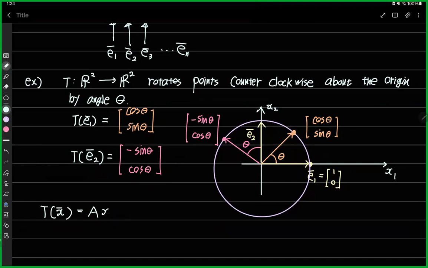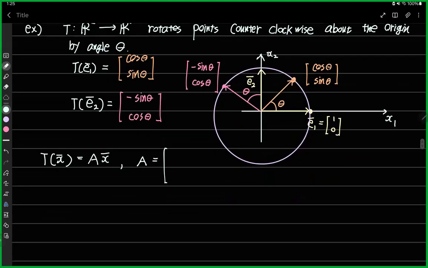So now A is going to be what? This is the first column vector of the matrix A, and this is the second column vector of the matrix A. Just combining everything, we can finally figure out the matrix A: cosine theta, then minus sine theta, then sine theta, and then cosine theta.